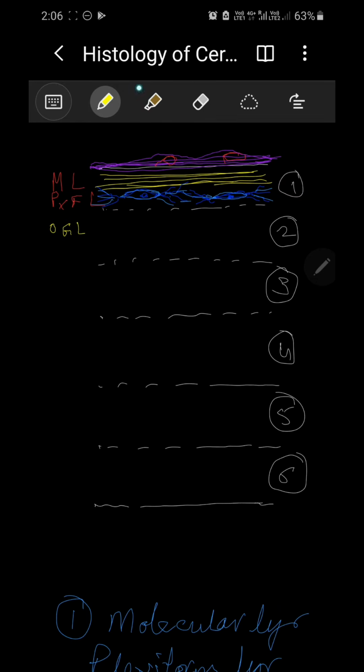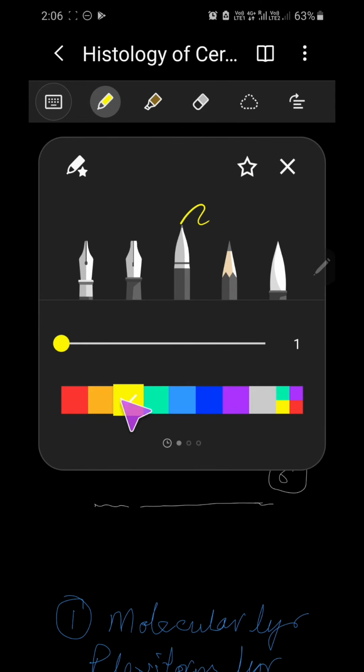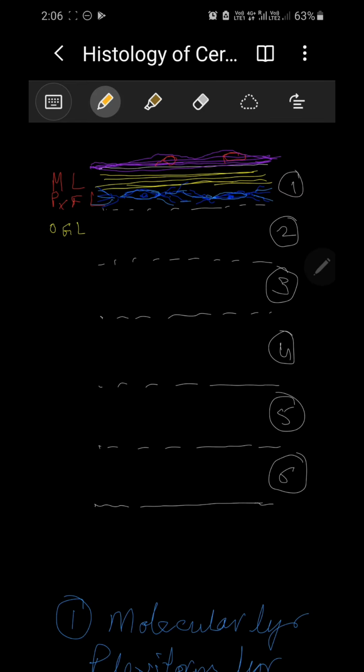As the name suggests, these are granular cells, right? So they will have granulocytes here, but small little cells. Actually they are stellate shaped cells, but because they are so small they appear spheroidal.